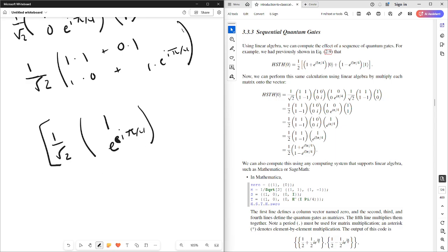Now this will get operated upon by our S gate. So the S gate is 1, 0, 0, i.